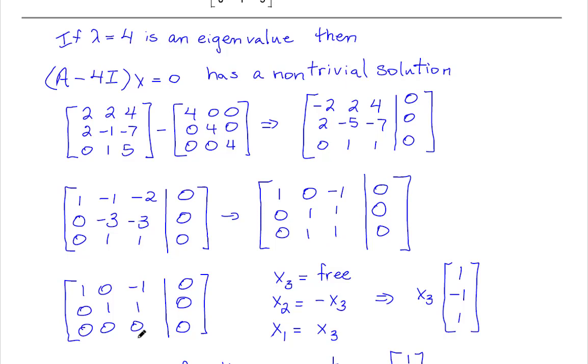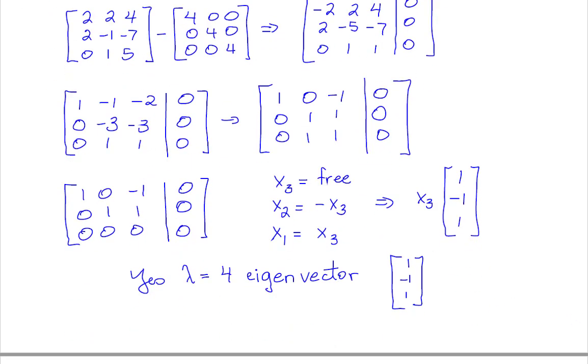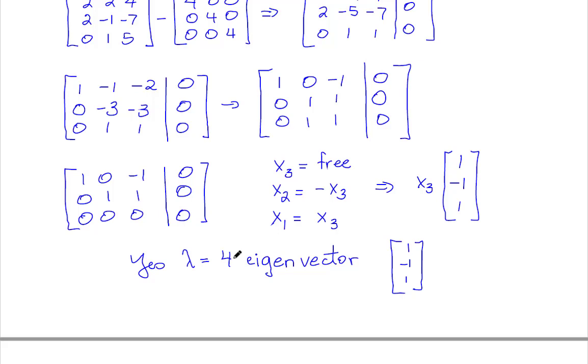What that tells me is x3 is free, x2 is -x3 from this row, and from the top row, I get x1 equals x3. And so it is x3 multiplied by (1, -1, 1). What that means is, yes, lambda equals 4 is an eigenvalue. It does have this particular eigenvector.